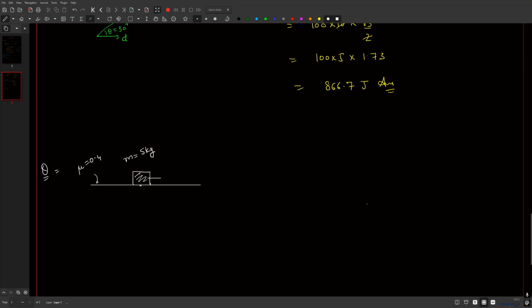Again, a force of 100 newtons acts on the box. The box goes from A to B. The displacement is again 10 meters. Since there is a coefficient of friction present, that means a frictional force is also acting in the system. Remember that. So let's calculate the work done.